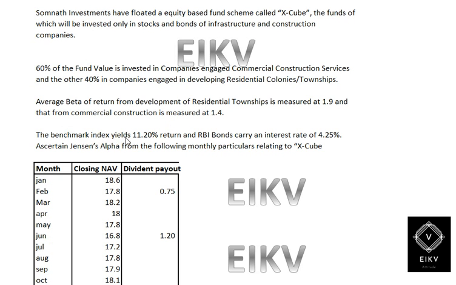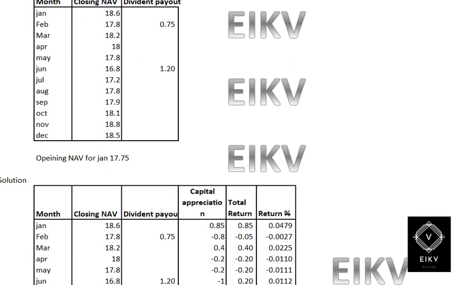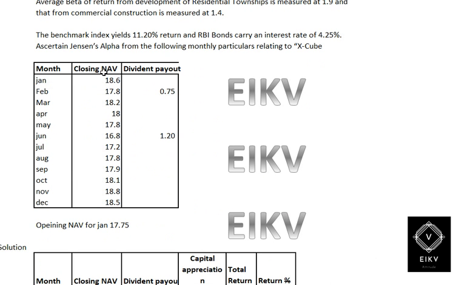The benchmark index yields 11.2% return, and the risk-free rate carries an interest rate of 4.25. Ascertain Jensen's alpha from the following monthly particulars of XCube. After that, they have given us a table containing three columns: month, closing NAV, and dividend received.